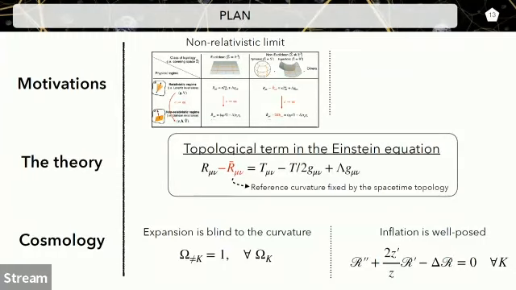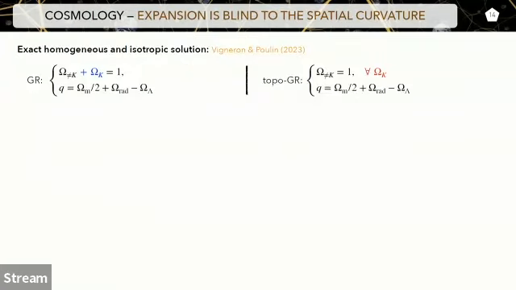So the first thing we can do is just calculate the homogeneous isotropic solution of this modification. And already here we have a really interesting difference. On the left we have general relativity, for the record, where I recall that there is the presence of the spatial curvature that leads to different scenarios as a function of the sign of the curvature.